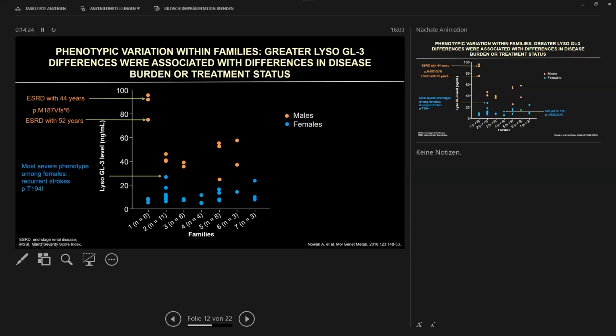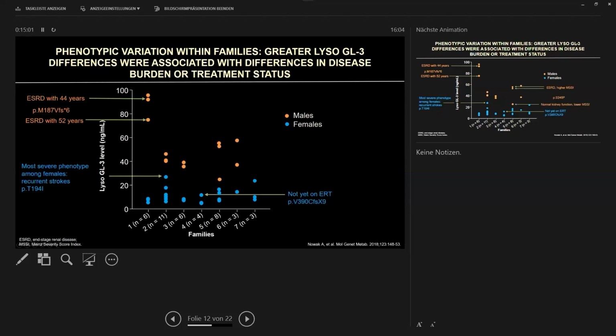Then in this second family, we have Lyso-GB3 levels, and I emphasize this, of this female. This female has the highest Lyso-GB3 level, and we also know that she has the most severe disease because she suffered several strokes and she cannot walk and is wheelchair bound, while these females have Lyso-GB3 levels which are lower, and they are less affected by the disease.